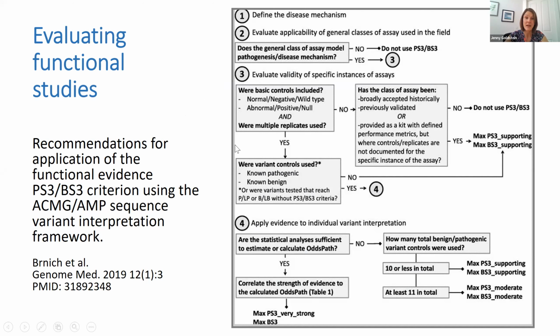And they often do multiple replicates as well. But one of the things these papers are typically missing is these known pathogenic or known benign controls. So like I mentioned, those previous two papers, they looked at these variants because they were variants of uncertain significance. So we really don't have these known benign and pathogenic. This was an issue, and would really only allow us to use this data at PS3 supporting.